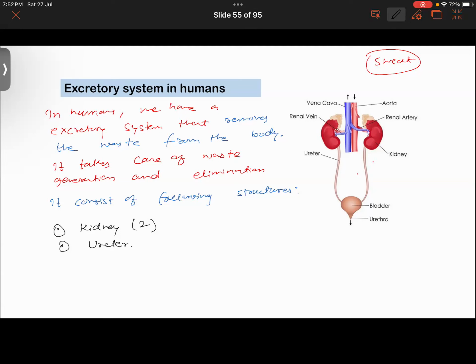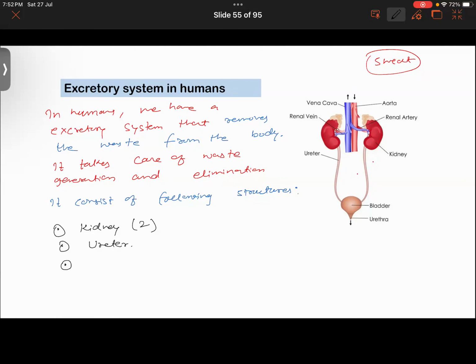The ureter brings the urine towards the bladder, into this pouch-like structure. That is its function. We'll be learning about their function in detail.